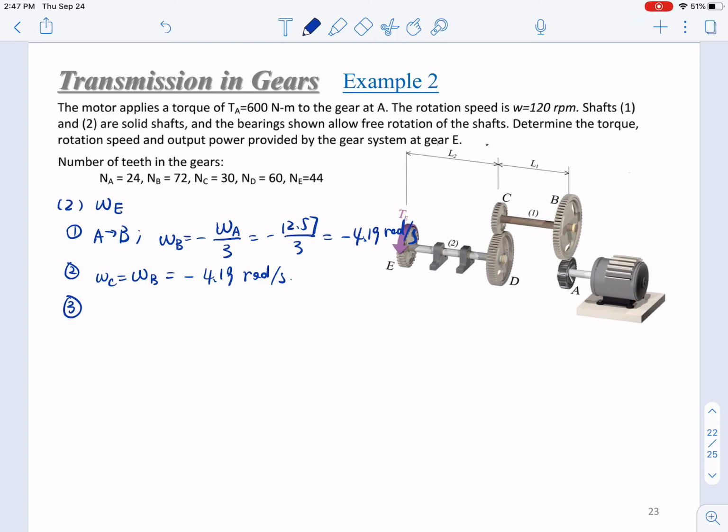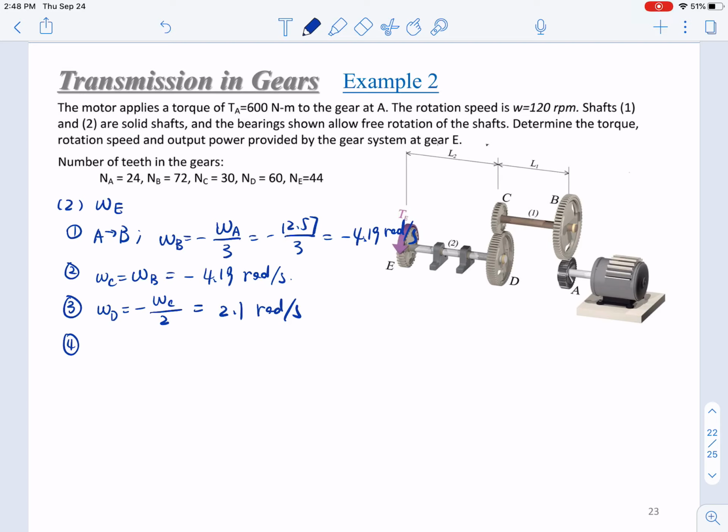Right, then C to D, omega D equals negative omega C over 2, the gear ratio. It will be positive 2.1 radian per second.